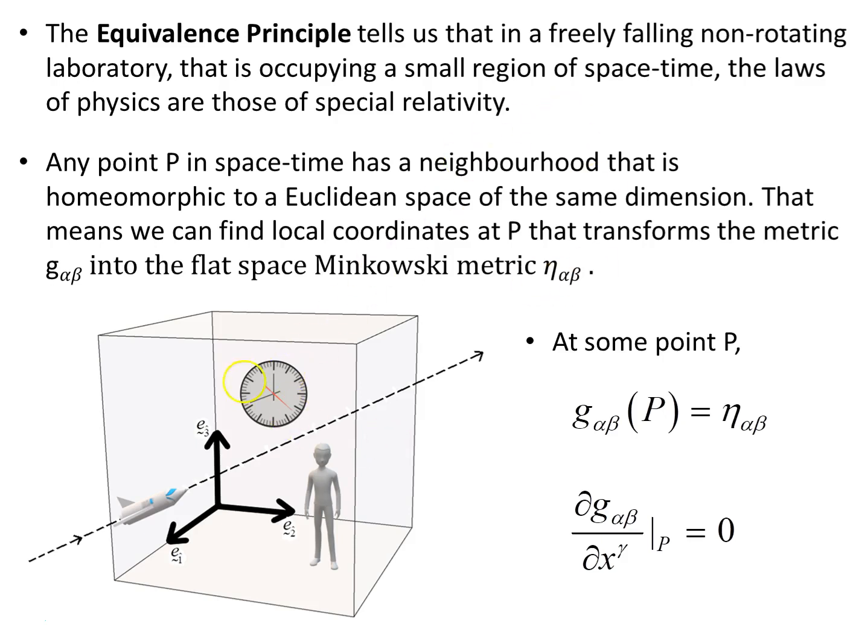So at some point P, the metric g alpha beta simply becomes the flat space metric. There is a suitable set of coordinates that you can express P in that gives you the flat space metric eta alpha beta. Another way of looking at that is that the partial derivatives of the metric with respect to the coordinates that make up our manifold at the point P are 0, because the metric eta alpha beta has all constant components, so its derivative will be 0.